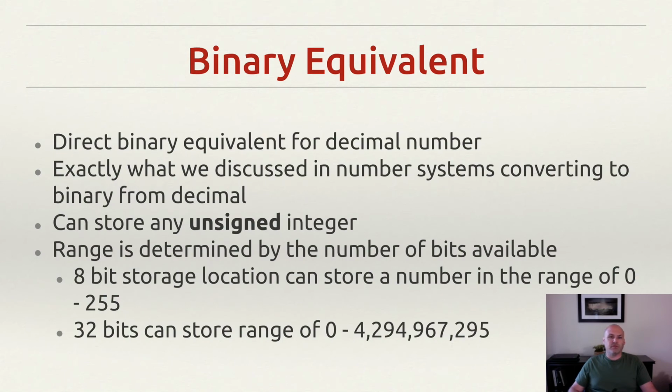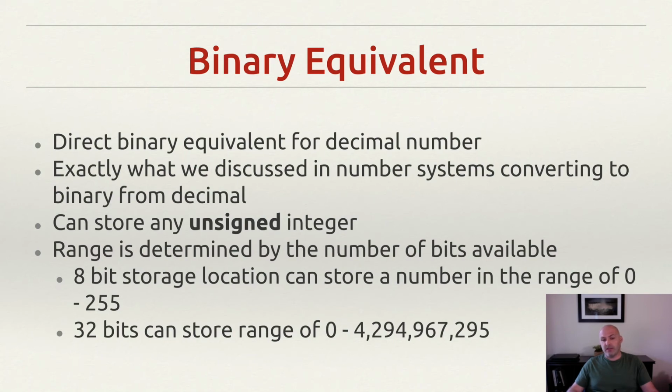Starting with the easiest, which is binary equivalent, I will start off by saying this is very seldom used to store actual numbers on the computer. This is nothing more than the idea of what we've already talked about when we discussed base 2 and encoding, so to speak, although we're not really encoding at this point, we're just using another base to describe a value. So if we have the value 10 in decimal, it's 10 in base 10.